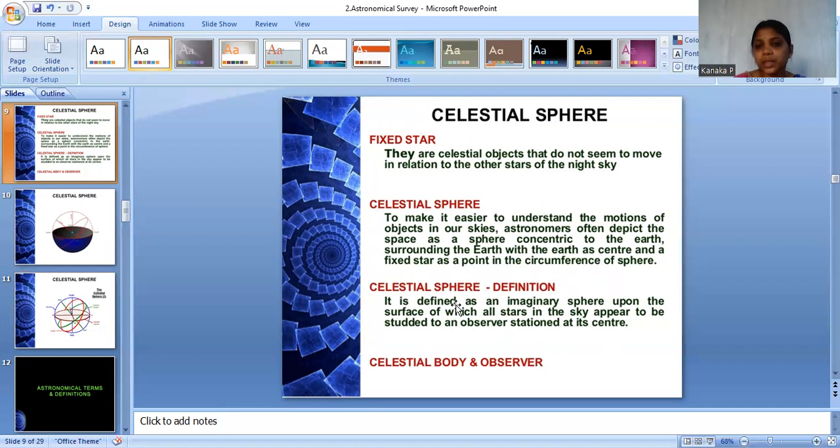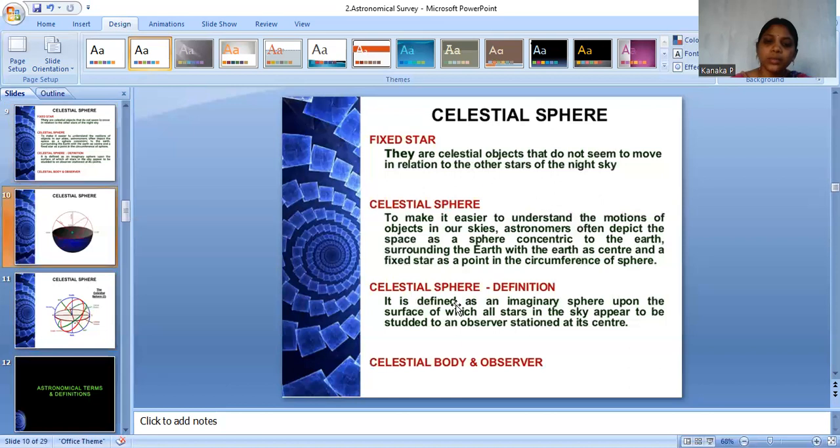Celestial sphere means, to understand the motion of the objects in our sky, astronomers often discuss an imaginary sphere concentric to the earth, with the earth as the center and a fixed star as a point on the circumference of the sphere. It is defined as the imaginary sphere upon the surface of which all stars in the sky appear to be centered on the observer's station.